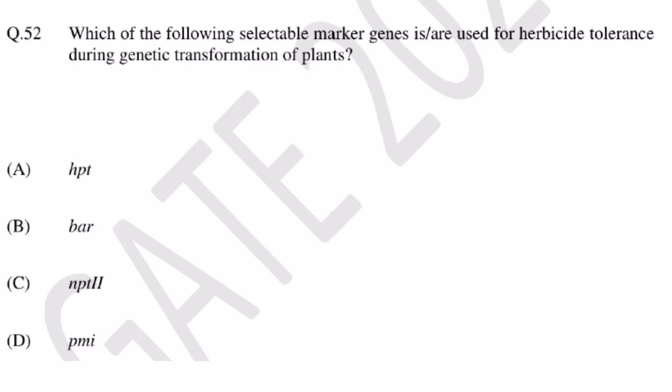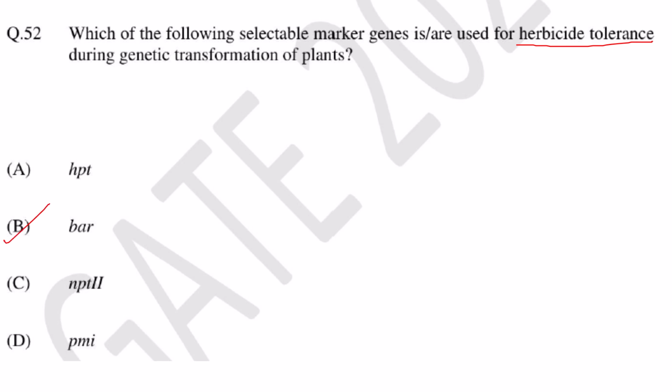Then next one. Which of the following selectable marker genes is or are used for herbicide tolerance during genetic transformation of plants? HPT is hygromycin phosphotransferase. It is not used in herbicide tolerance. It is for hygromycin resistance. BAR is phosphinothricin acetyltransferase, and it confers tolerance to phosphinothricin and bialaphos herbicides.